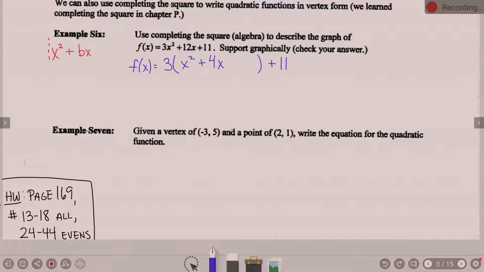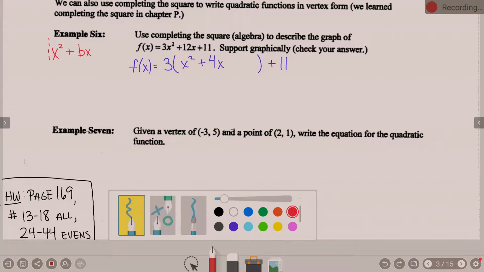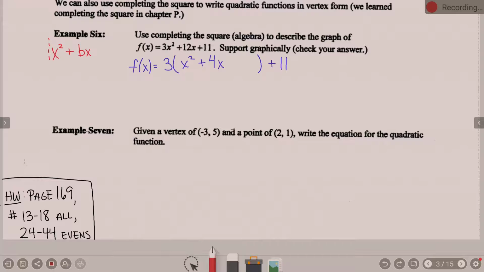Okay, the next step is you have to find b over 2 quantity squared. What is b in my problem? What is b currently in my problem? 4.